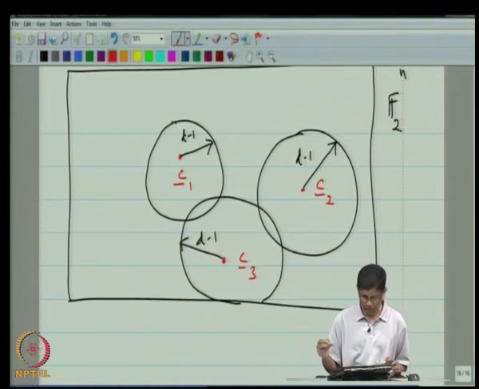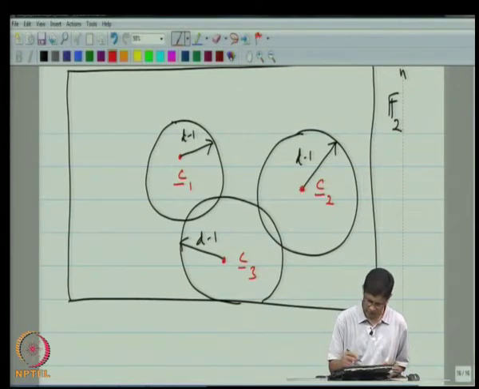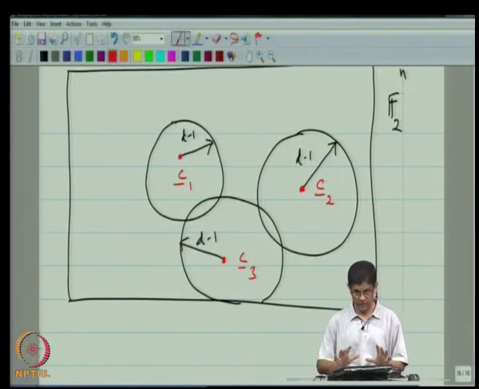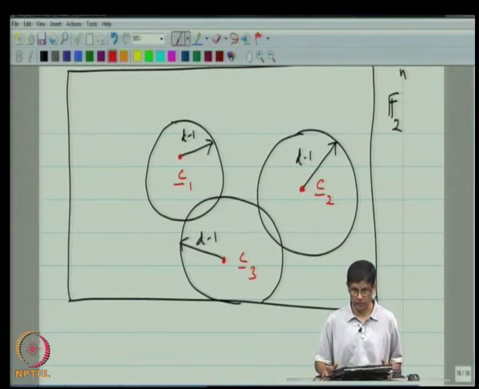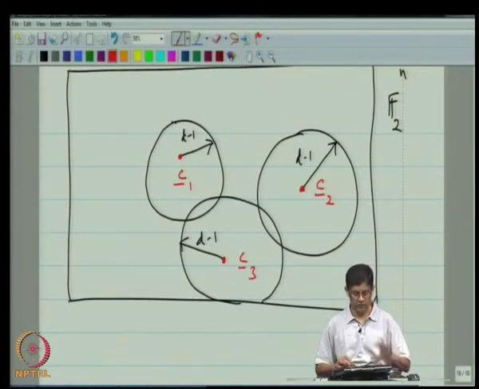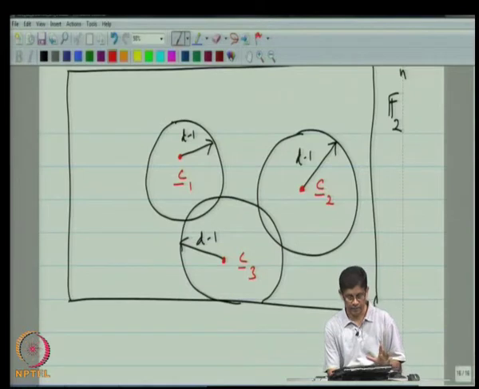Now there are a couple of subtle points about this algorithm. One is that now you see this intersection of circles and it bothers you and you say, wait a minute, you are not supposed to have intersection, you are doing something wrong. There is nothing wrong with this, because these balls can have intersection. It is just that no two code words must be within distance d of each other.